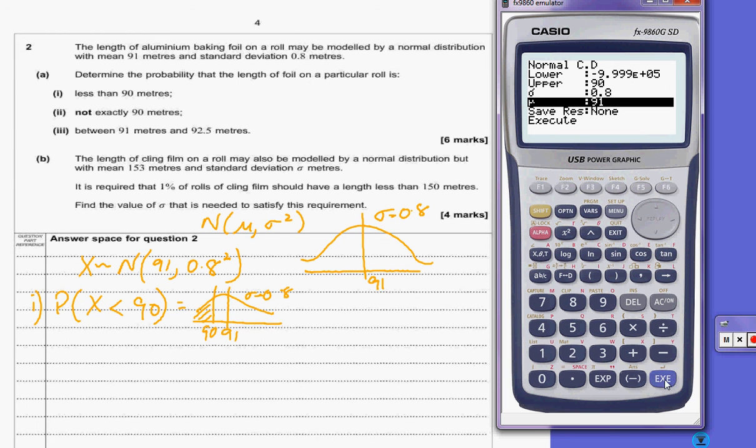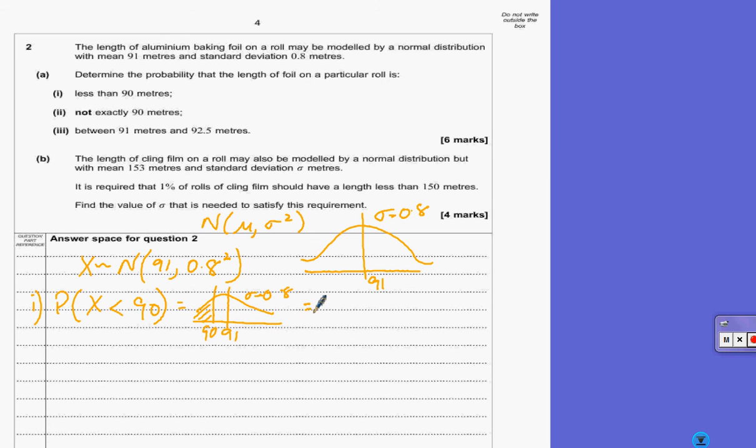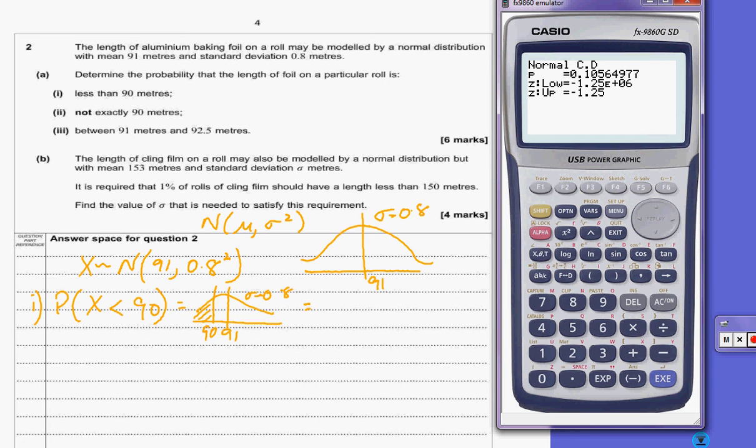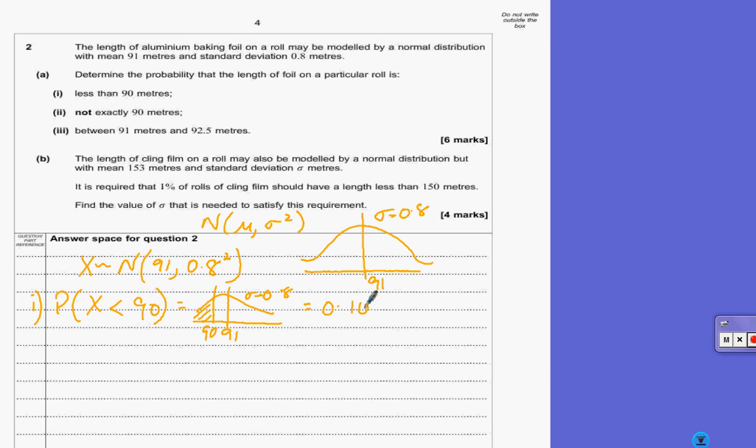Once the correct information is in, I can execute, and I end up getting 0.1056. Okay, the next question.